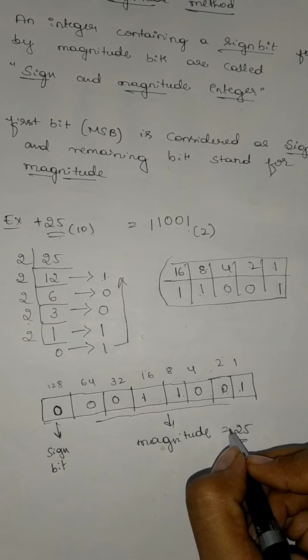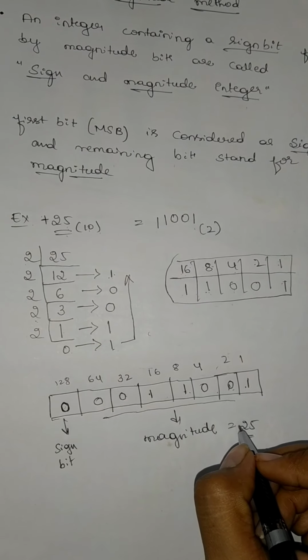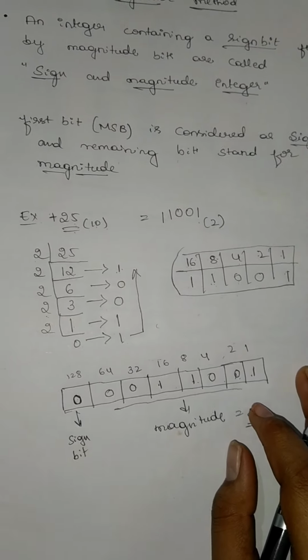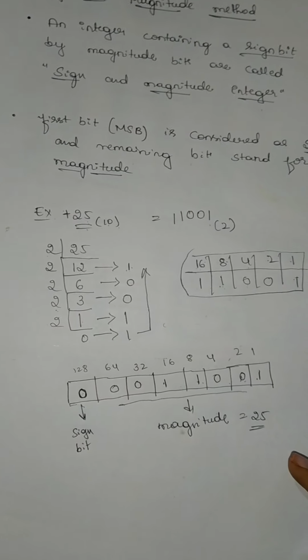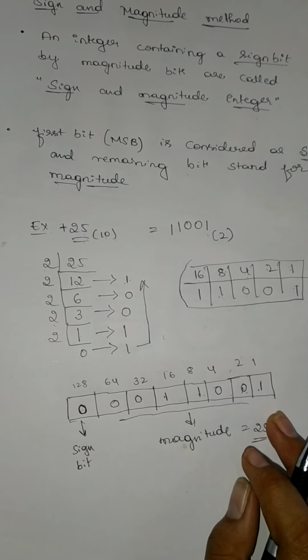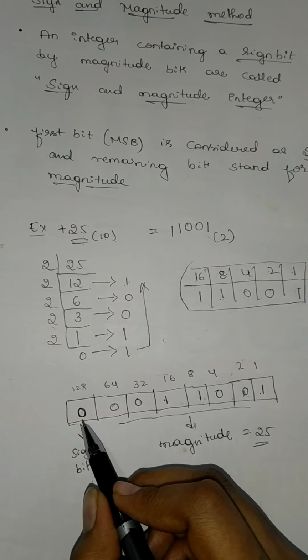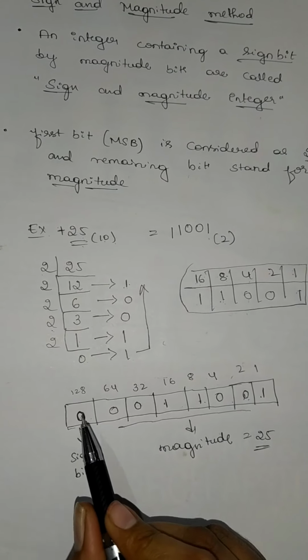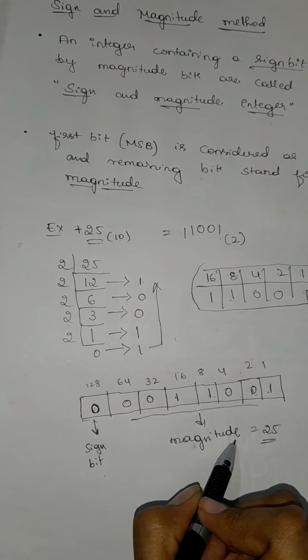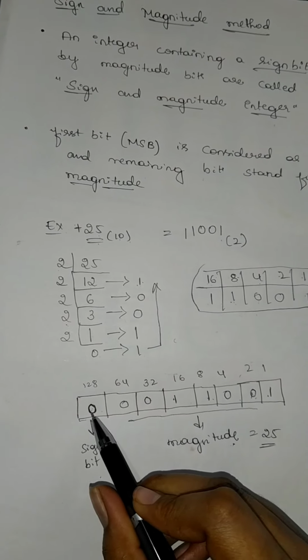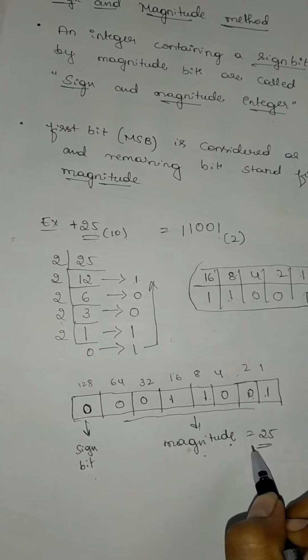No need to represent the positive sign here, because any number without a sign is considered a positive number. So this sign bit indicates positive or negative. If it is 0, then this will be a positive integer. If it is 1, then this will be a negative integer.